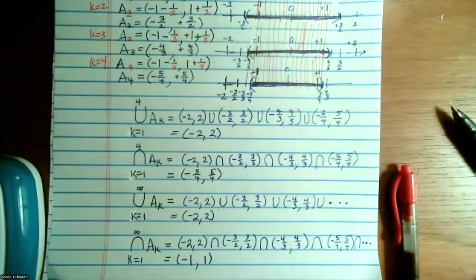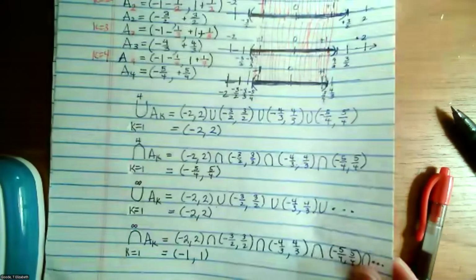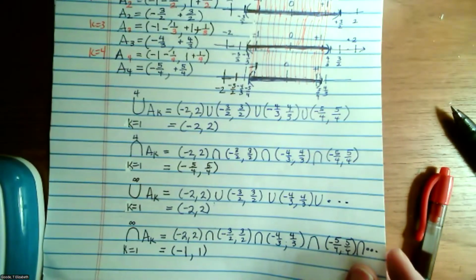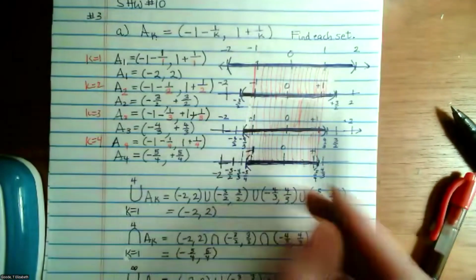Sure. The unions and intersections of intervals? Sure. You can do part B of number 3 now, or you understand it enough that you can go back and try to do it? Yeah, I'm going to do it by myself. Try that. A picture really is going to help you. These pictures are critical, I think.